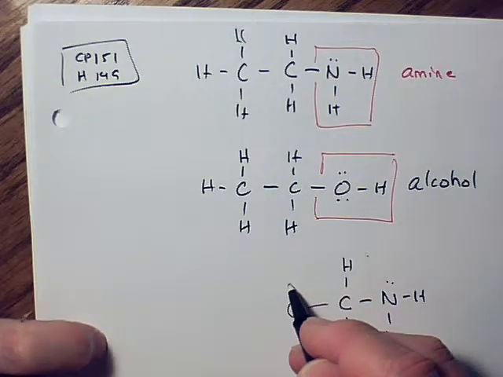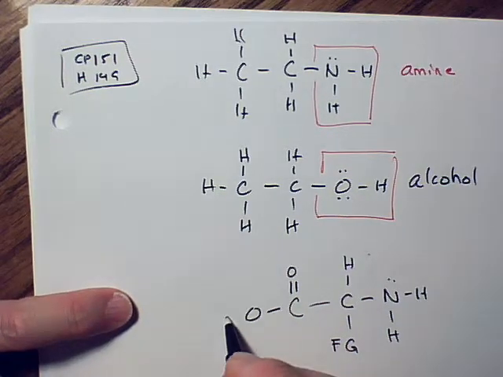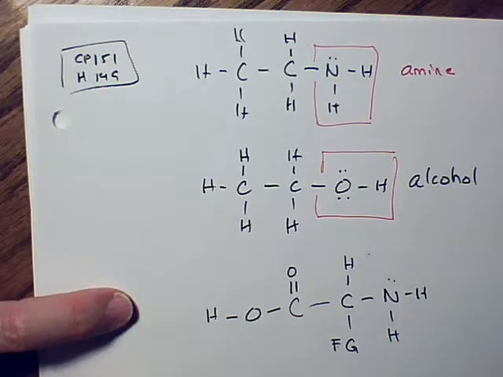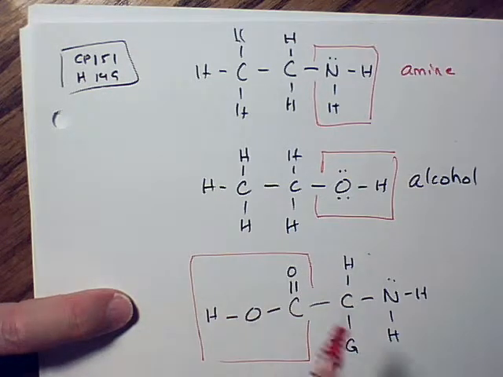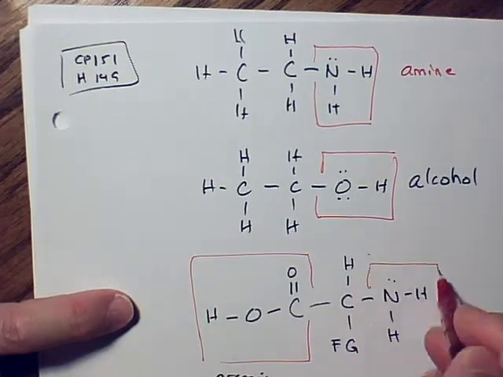Organic acid has a double bonded oxygen on a carbon, and then has this thing right here. And this is an organic acid. So this side over here is an organic acid. You don't need to know this, I just thought it would be kind of cool to talk about right now. And this is an amine group over here.